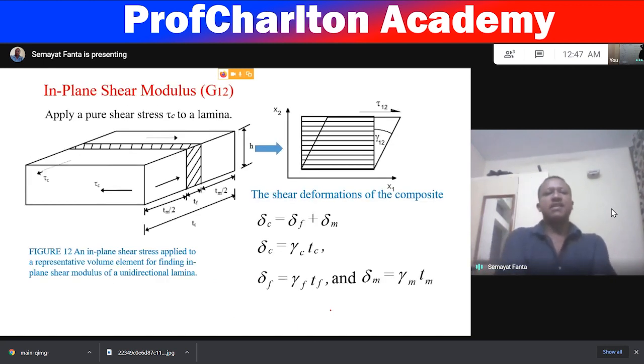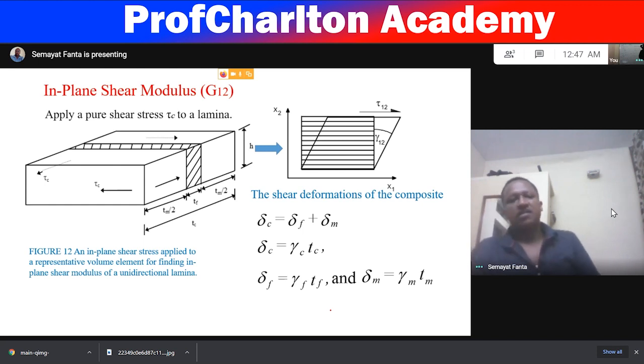The next is in-plane shear modulus. This in-plane shear modulus is found by applying a shear load, that is tau. That means, for example, tau 12, which forms a deformation of the structure like this. So the shear deformation of the composite will be obtained from the deformation of fiber plus deformation of matrix, because both of them deform.